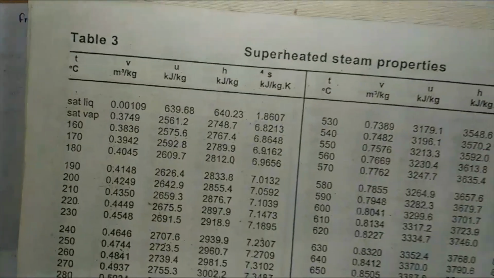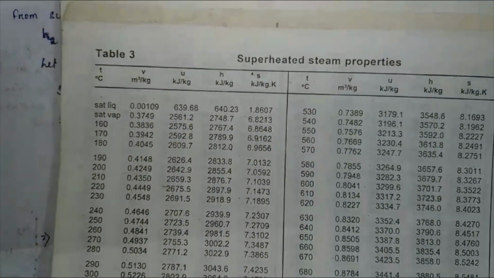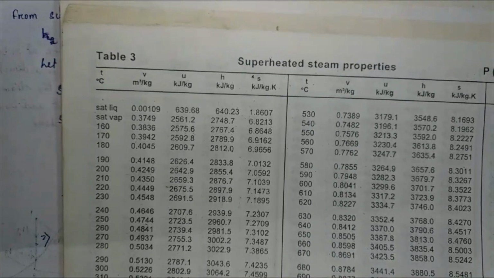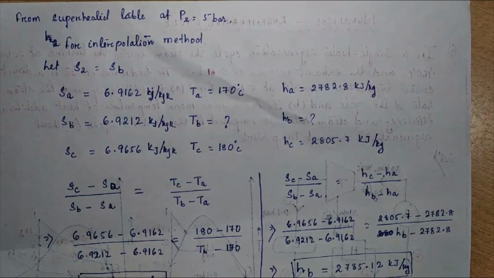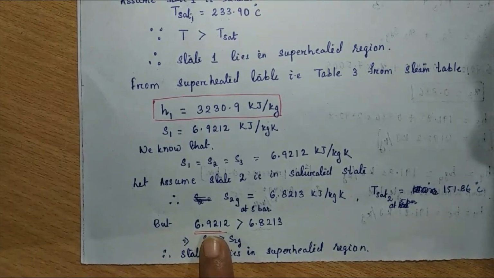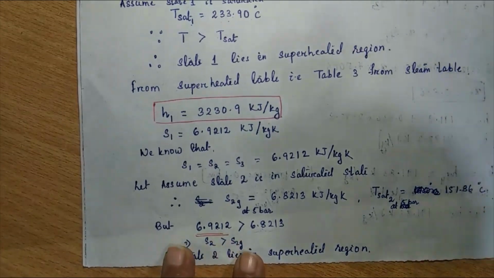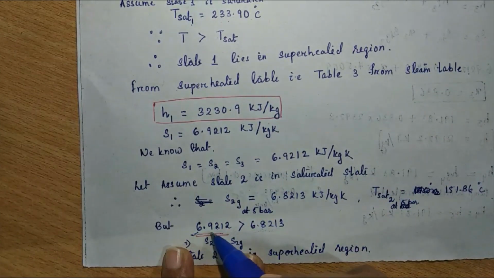Is it given in the question? No, it is not given in the question. But we have the entropy value for 5 bar pressure for state 2. The pressure is 5 bar, but entropy is 6.9212. So we have to find this 6.9212 in the 5 bar pressure page.